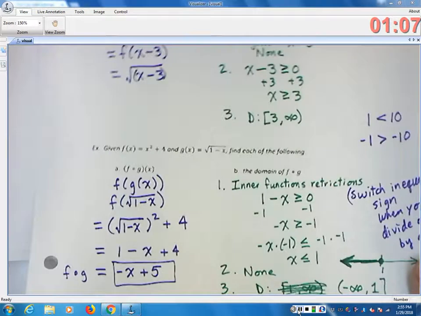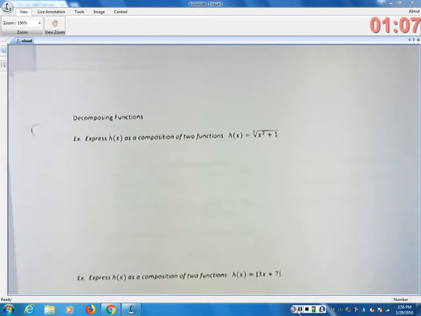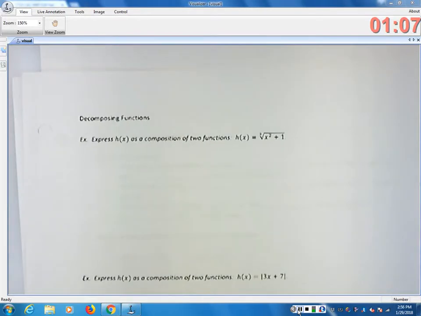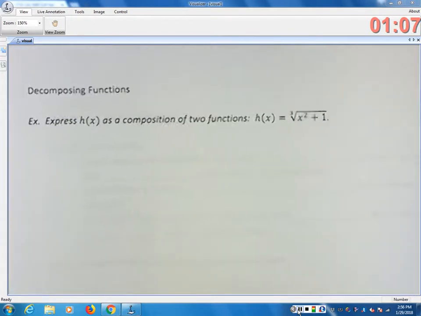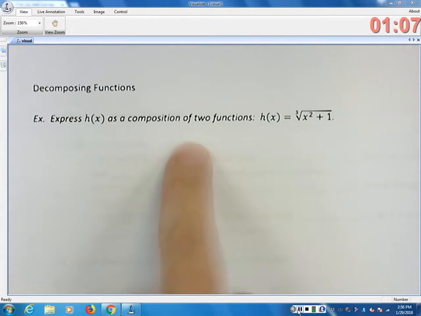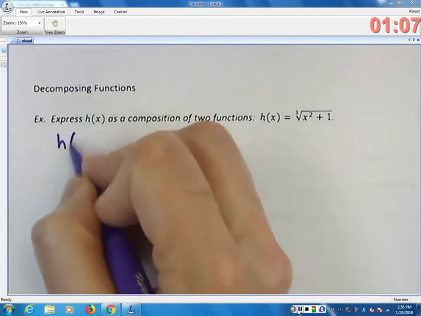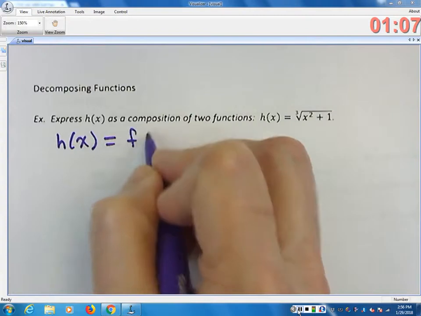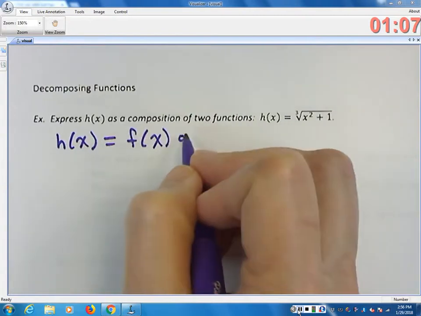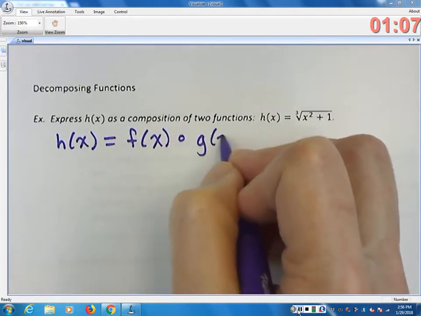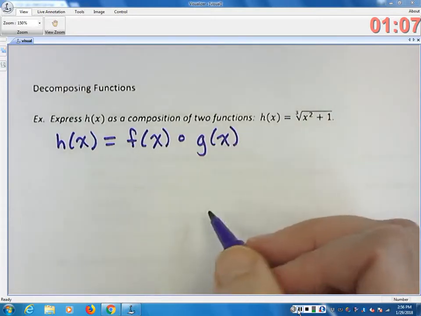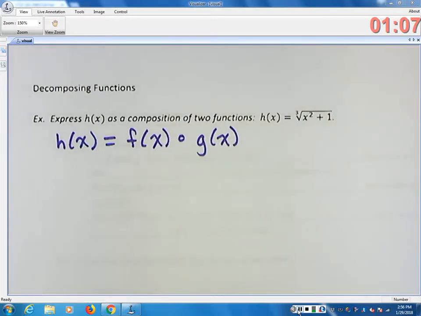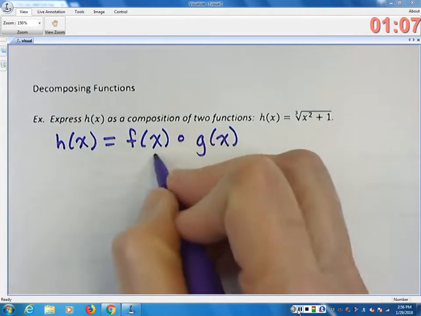Is that it? Oh, just one more page on this section. What if you're given something and we want to express this as a composition of two functions? So we want to write h of x so that it's f composite g.